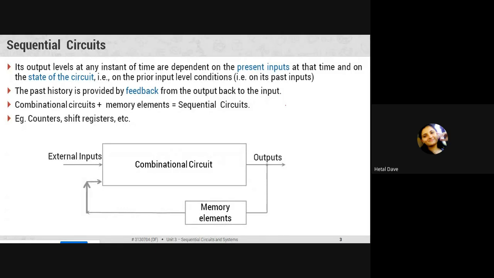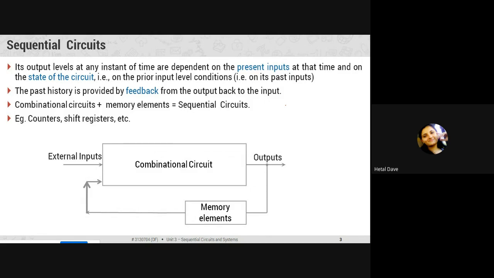Now what is the meaning of this figure? A circuit which will depend on two inputs. The external input, which is coming from any external circuit that can be connected externally, like a temperature sensor. So external input and present state. State means the circuit is either 0 or 1.